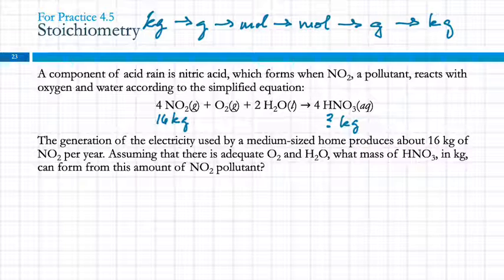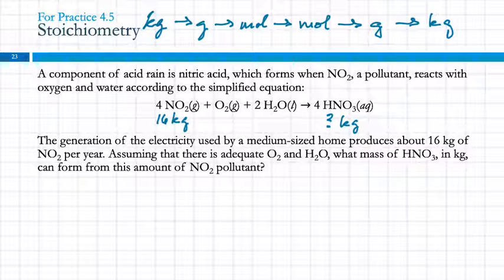And this is where I have to make a decision, because there are like 3 pretty good ways of dealing with that kilogram business. You can just convert the kilograms to grams and then use regular grams to moles to grams.